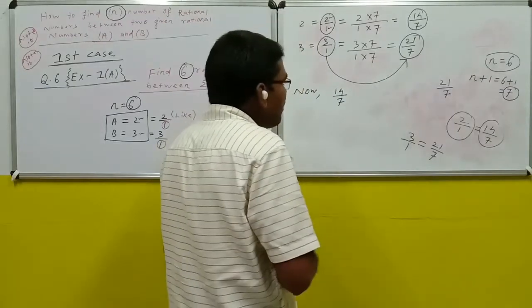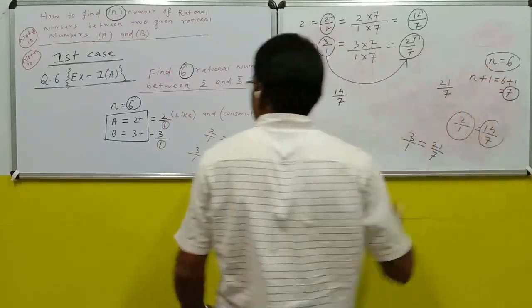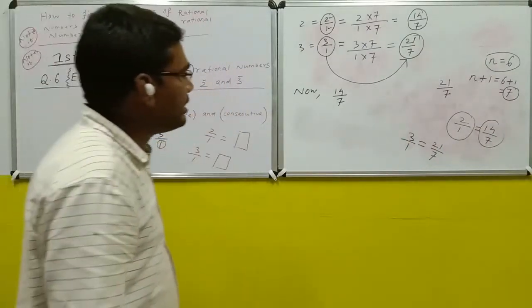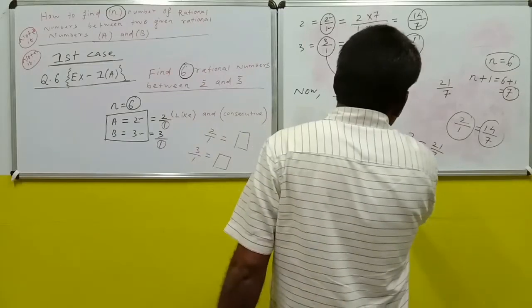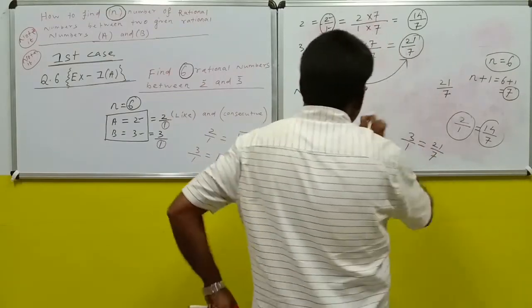Now you can easily find out 6 rational numbers because in the question you are asked to find out 6 rational numbers, so you can easily find out 6 rational numbers between 14/7 and 21/7. What will be there?